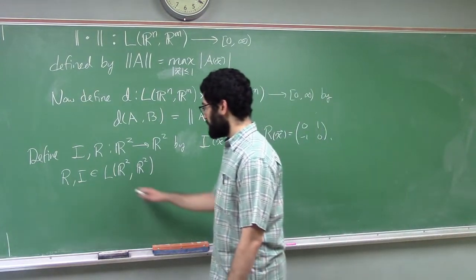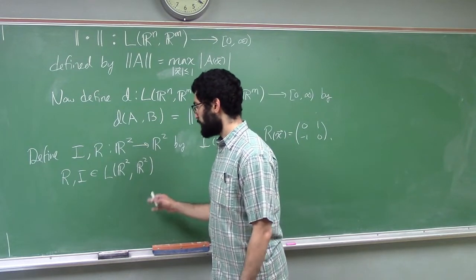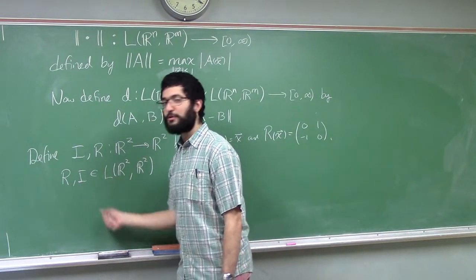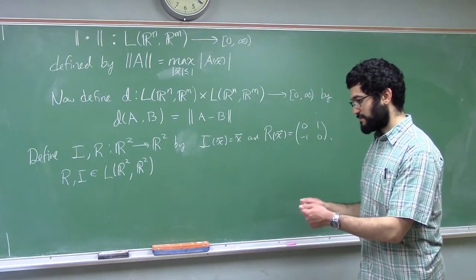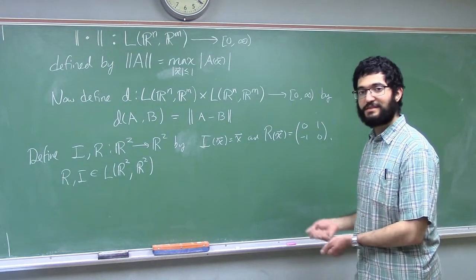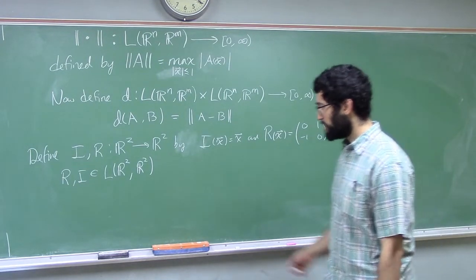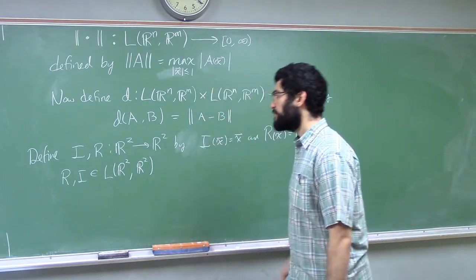Okay, so this is a 4-dimensional vector space. If its dimension were lower, like 3-dimensional or 2-dimensional, then we could imagine plotting R and I as points and visualizing those points and trying to visualize how the distance between them works. But the space of linear maps from R2 to R2, that's a 4-dimensional vector space.